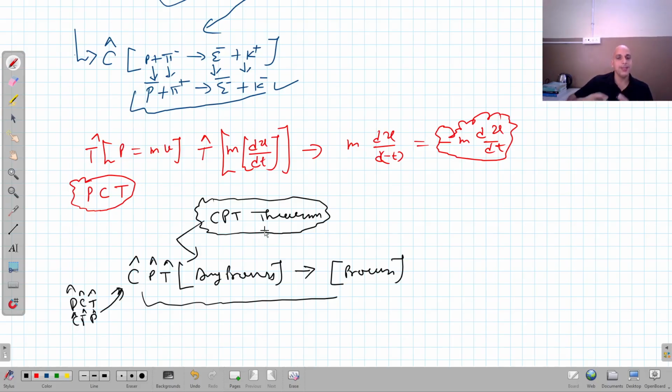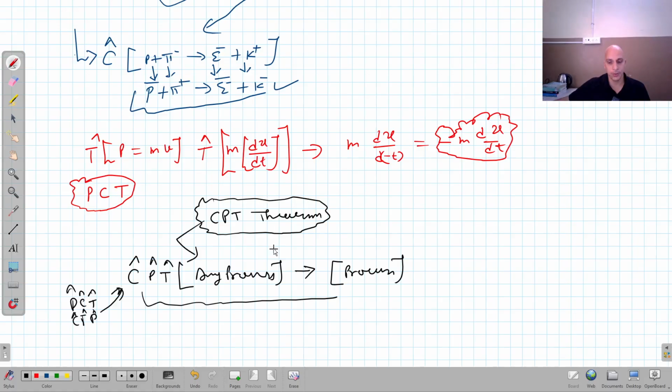It means when the combined operation of all three symmetry operators is applied on a process in nature, that process remains invariant. It doesn't change its sign, or we can say it is not violating any of these three symmetry operations. So this is the CPT theorem, right?